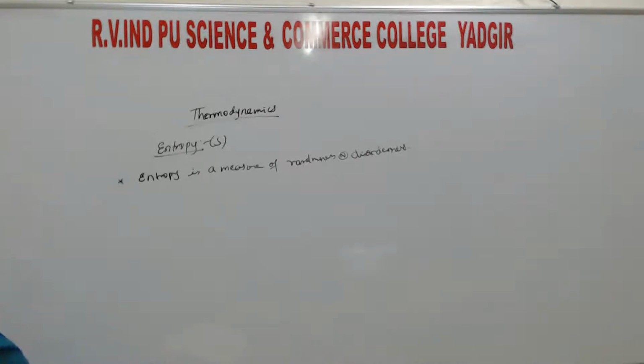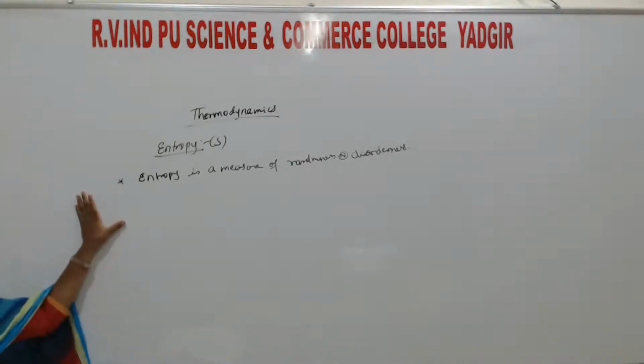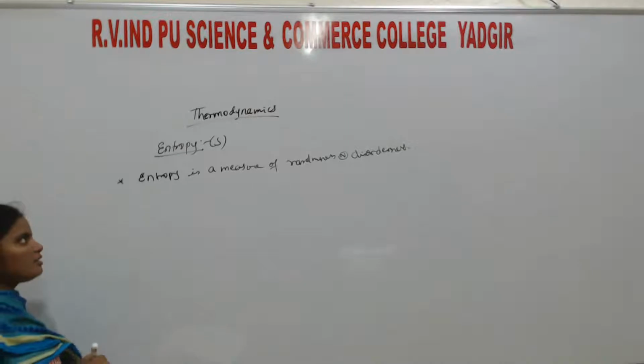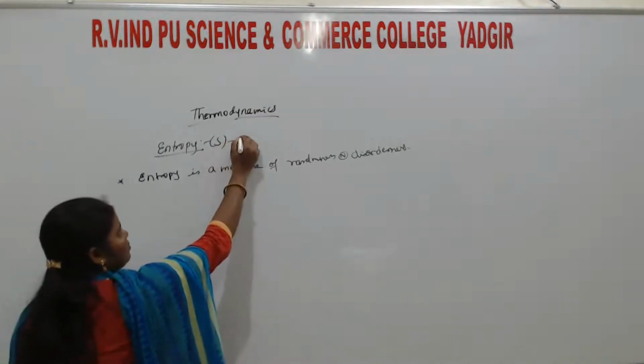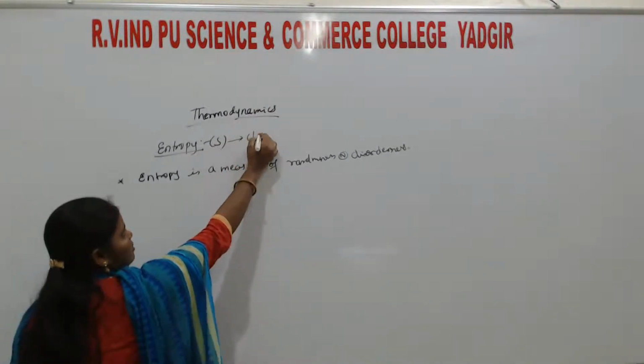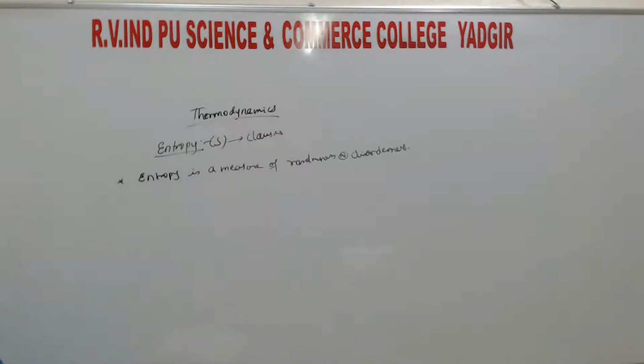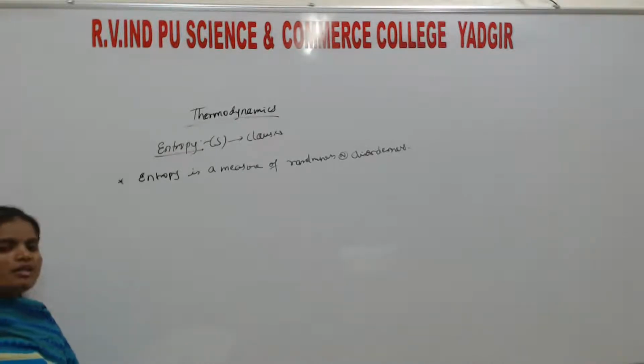And the numerical definition of entropy, according to Clausius. The definition of entropy is: the entropy of a system is a constant quantity if there is no communication of heat flowing out of the system.